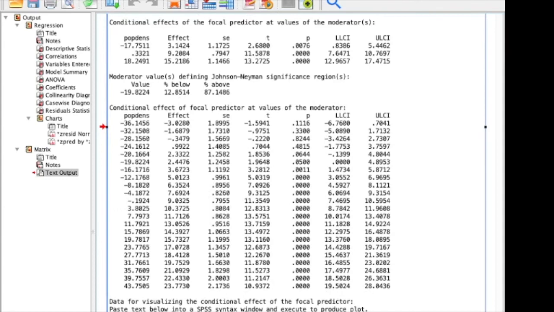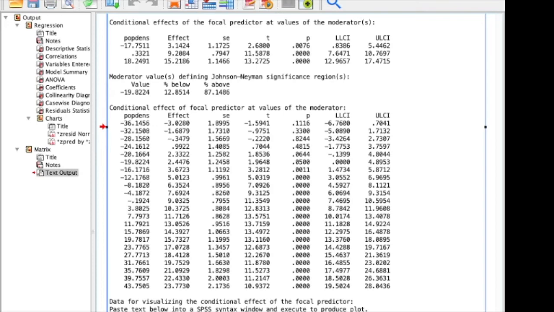All it's doing is giving you the same info, but for way more points. So this allows you to see where this becomes significant, and what this relationship looks like throughout the entire range of values.